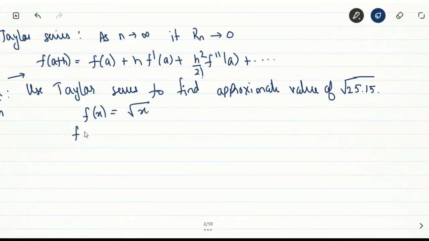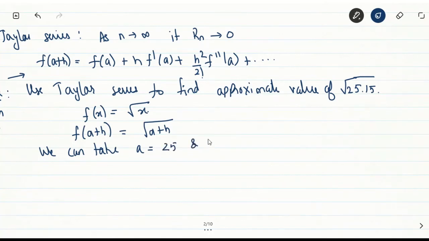So what will be f of a plus h? So f of a plus h will be under root of a plus h. We can take a equal to 25 and h equal to 0.15.